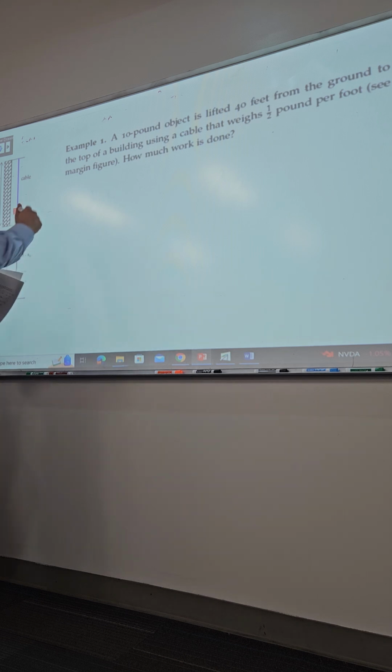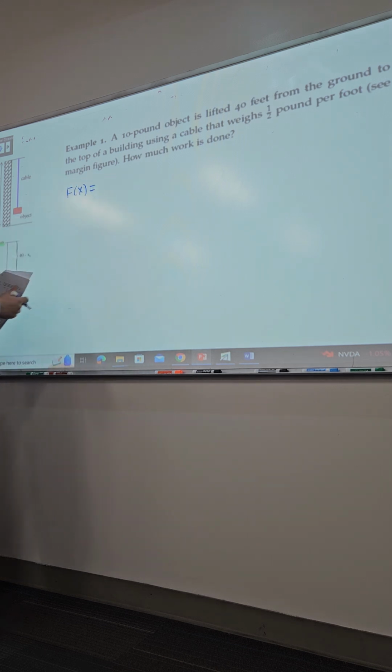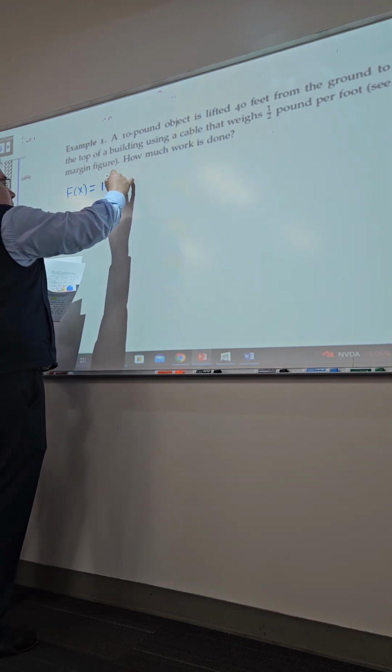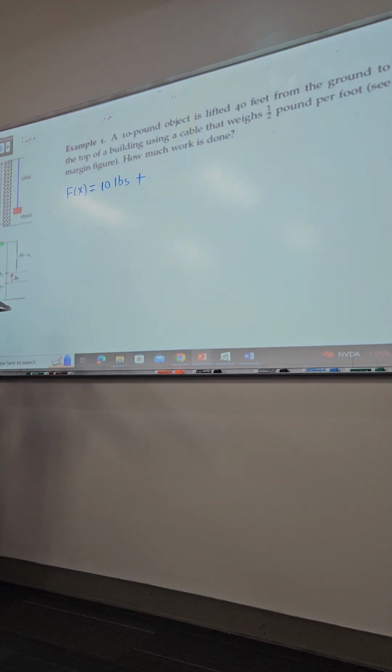Now, let's go ahead and find the force. Well, the force, F of x, is the weight, the pounds. We know the object is a 10-pound object, so it's going to be 10 pounds plus the weight of the rope. The rope is half a pound per what?